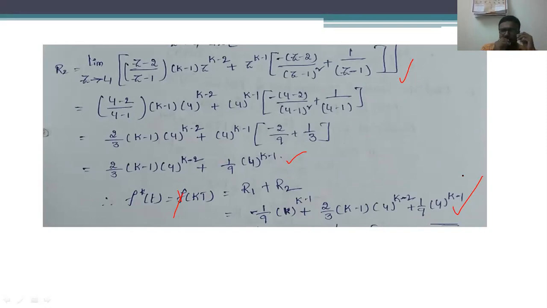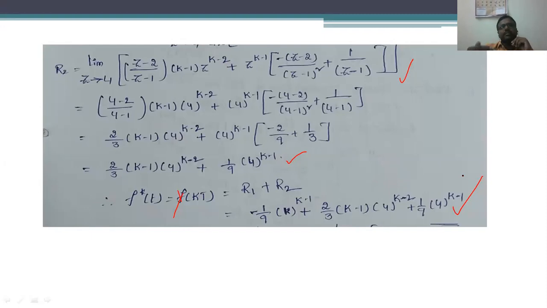It is nothing but a simple division process for obtaining the values of t, that is x of 0, x of 1, x of 2 and so on. It is a basic division process which happens in the power series method or long division method.